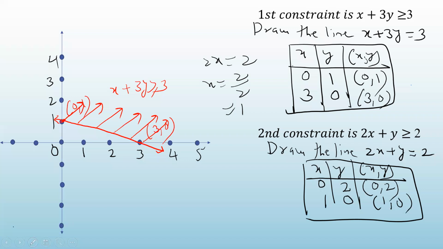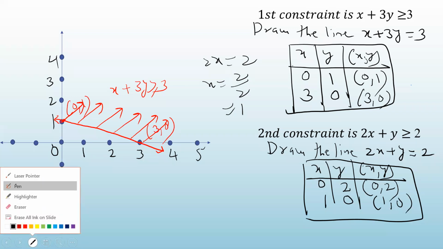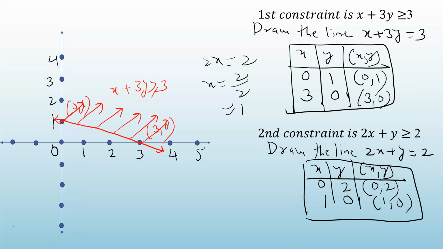Let us plot them on the graph paper. 0, 2. X is 0, y is 2. So this is the point 0, 2. Then 1, 0. X is 1 and y is 0. So this is the point 1 and 0.